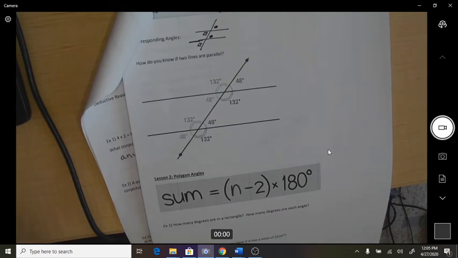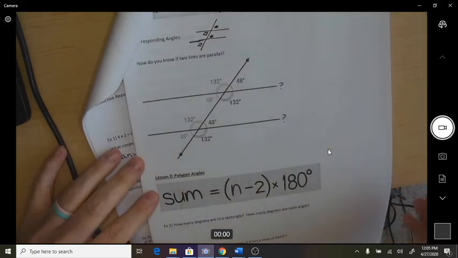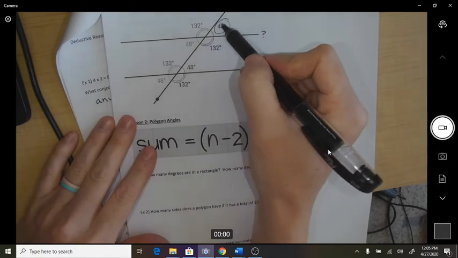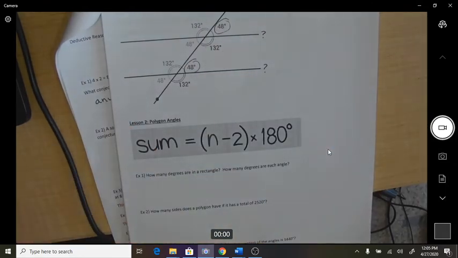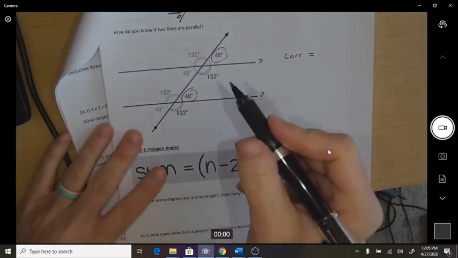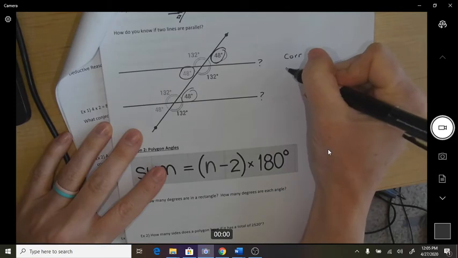How do you know if two lines are parallel? So how do you know if this is parallel to that? Okay, so the corresponding angles are equal. The opposites are equal.